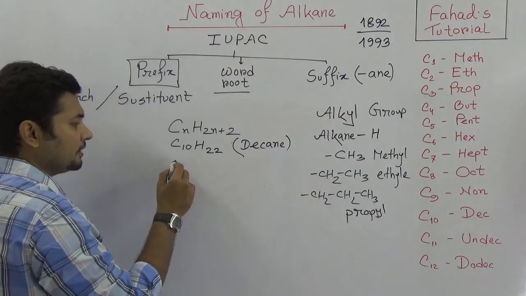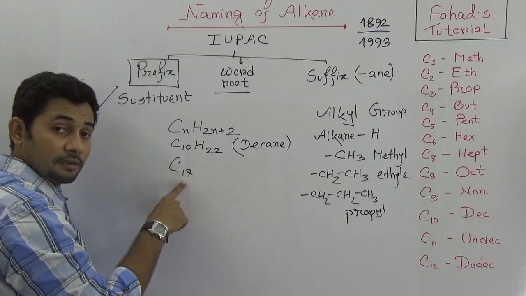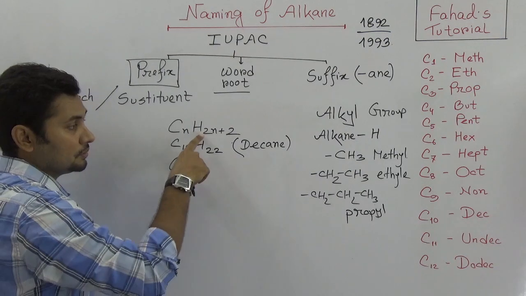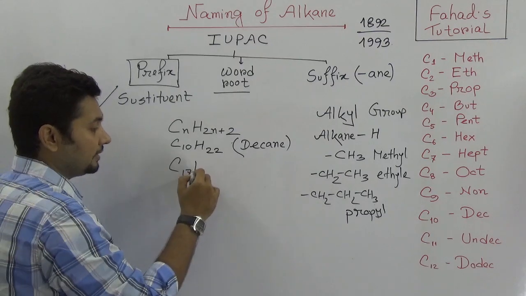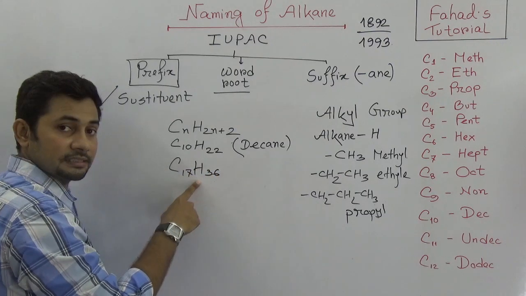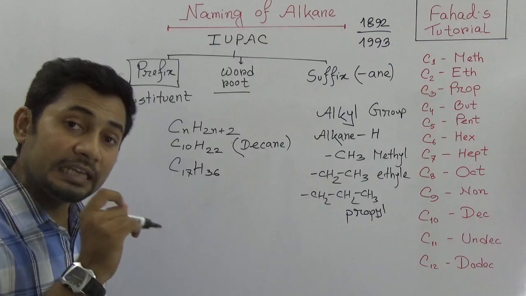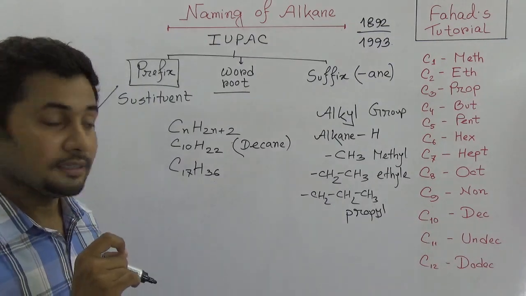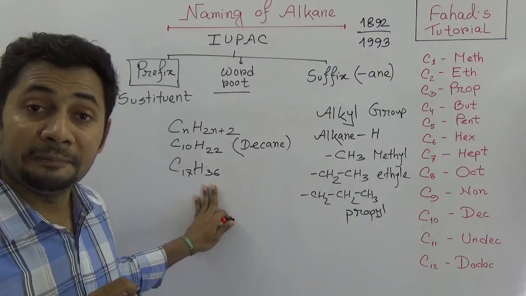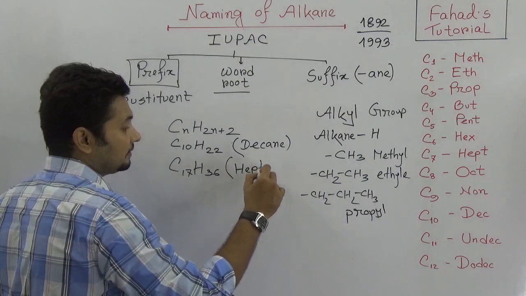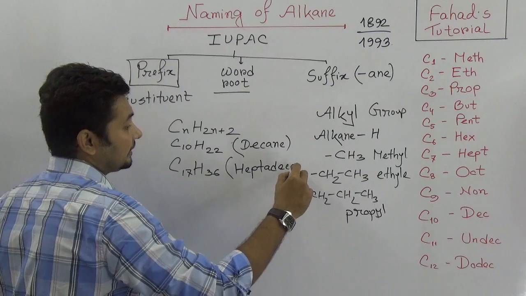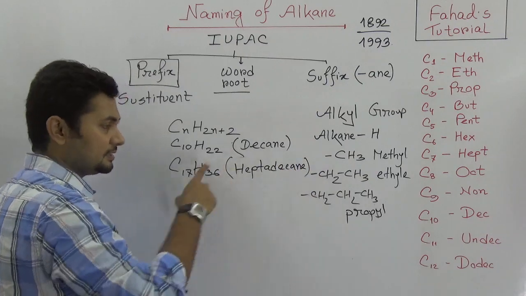And if you have C17, 17 carbon, so hydrogen number would be 17 times 2 is 34, plus 2, so hydrogen is 36. And as you have 17 carbon in your alkane compound, it would be heptadecane. This is very easy.